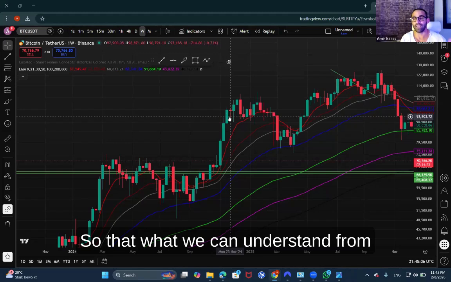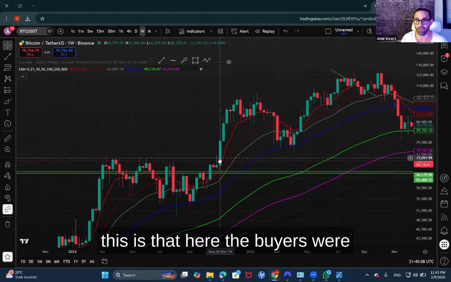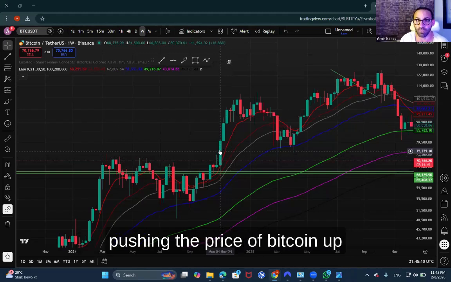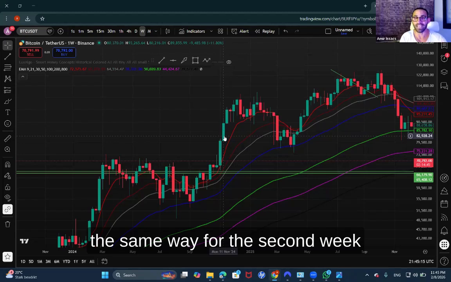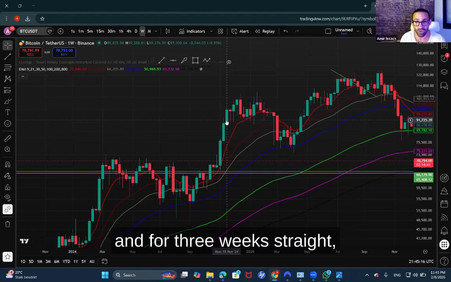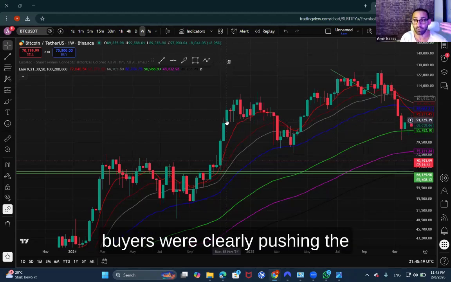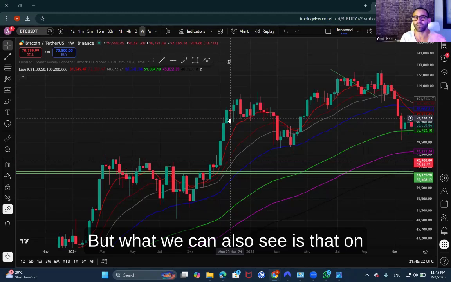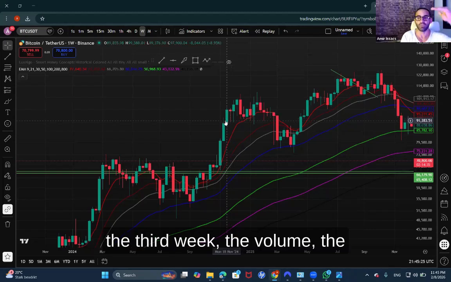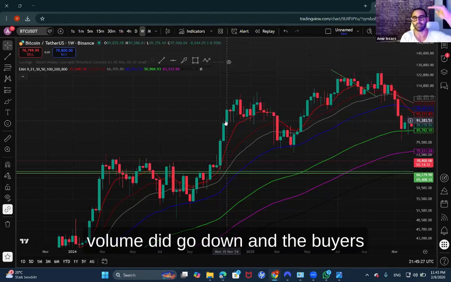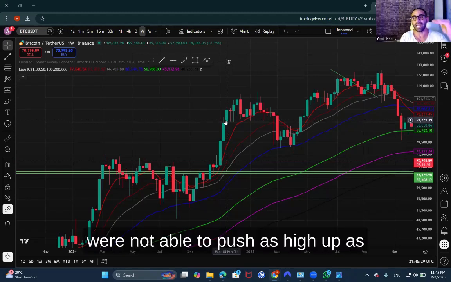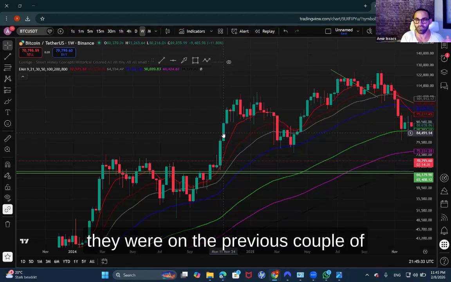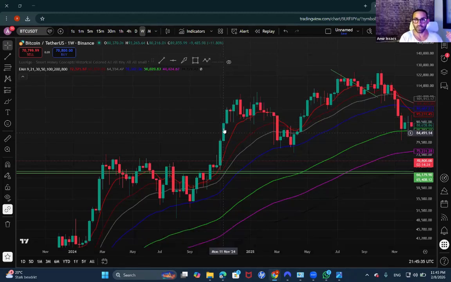So what we can understand from this is that here, the buyers were pushing the price of Bitcoin up. The same went for the second week, and for 3 weeks straight, buyers were clearly pushing the price up. But what we can also see is that on the third week, the volume did go down and the buyers were not able to push as high as they were in the previous couple of weeks.